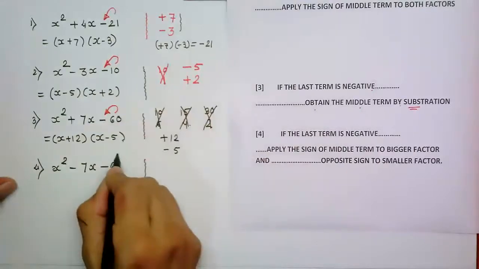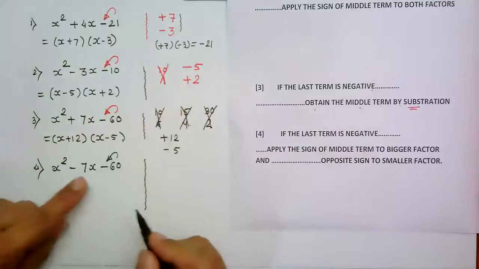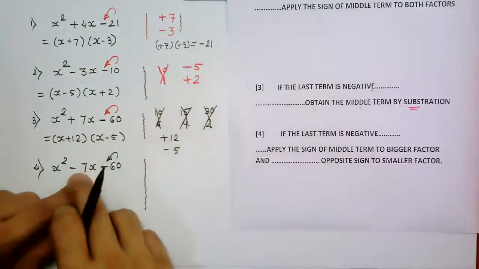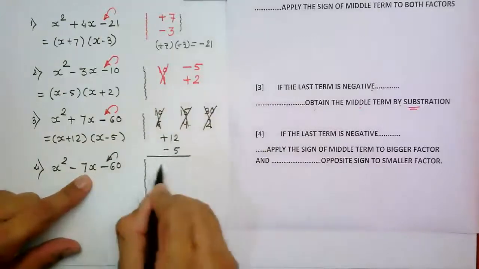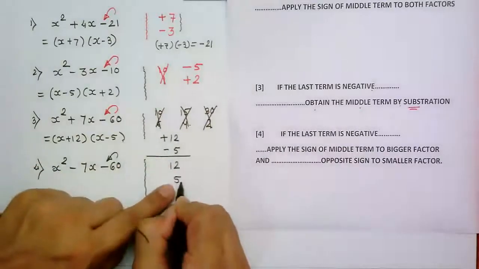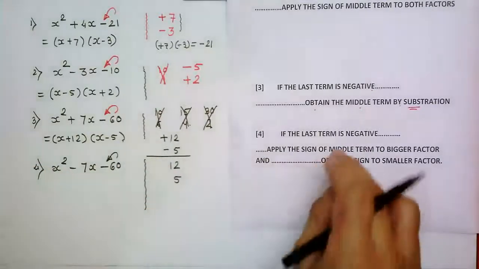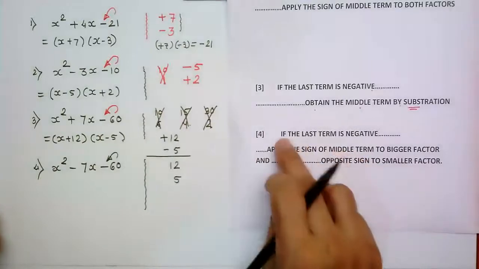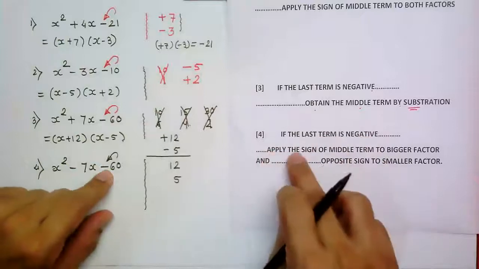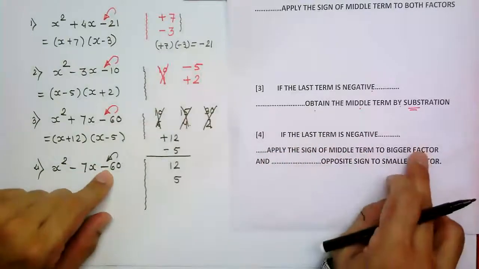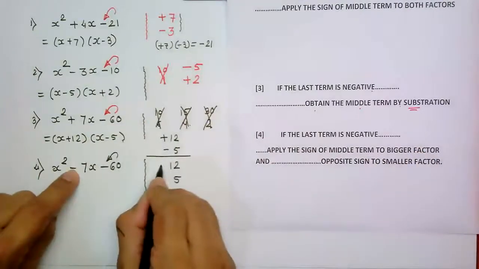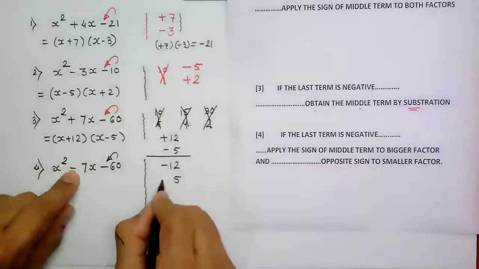As the last term is negative, obtain the middle term by subtraction. So subtraction must be 7. So I am using these factors. 12 fives are 60. 12 minus 5 is 7. Now use of this rule. If last term is negative, apply the sign of middle term to the bigger factor and opposite to smaller.